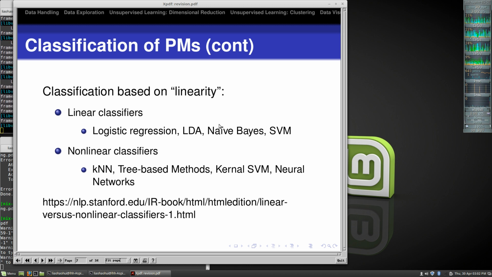Similarly, naive Bayes mathematically we can derive to be related to logistic regression, so it's also a kind of linear classifier. Of course, SVM is a typical linear classifier.